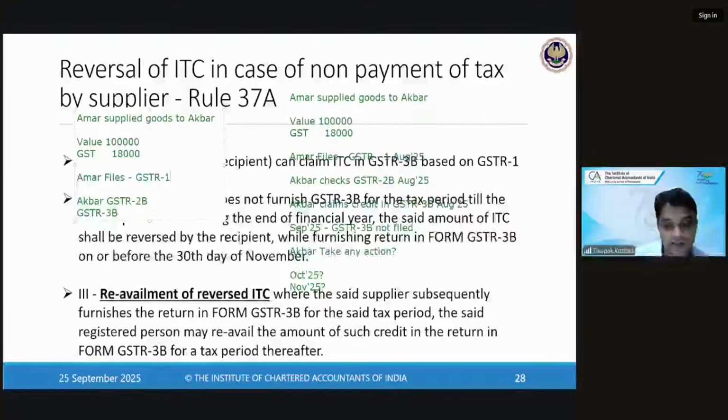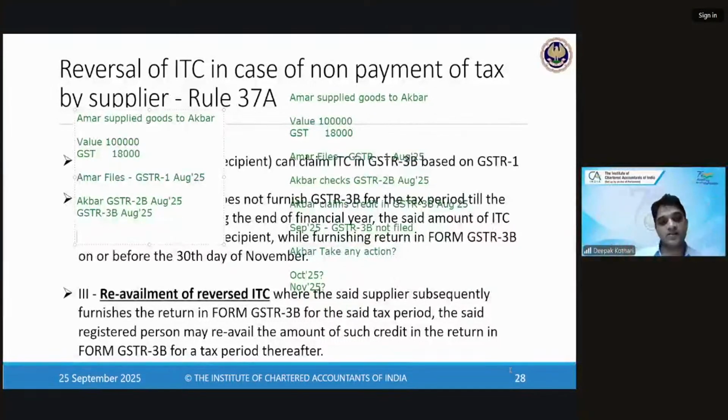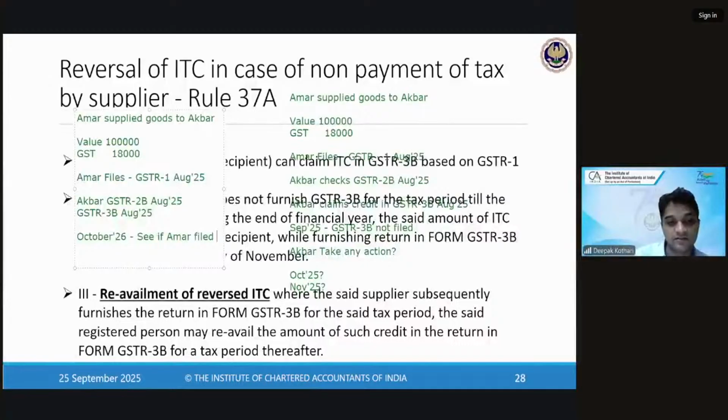This is a transaction of August 2025, right? So he will have to wait and follow up with Amar saying, file your returns. If Amar files it, fine. If he doesn't file, Akbar will have to give him time till November, which is basically October's return. October 2026, he has to wait and see if Amar files the return.